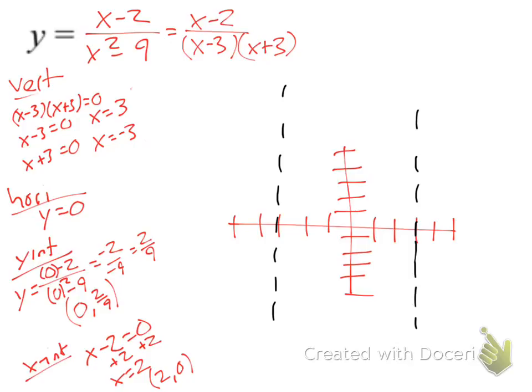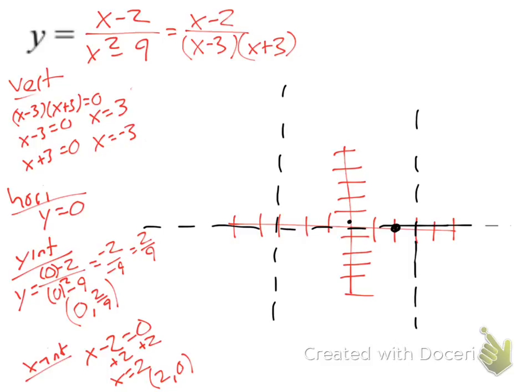Good. Y equals 0. And now I'm going to start plotting my intercepts. 2, 0. Well, that's right there. And 0, 2 ninths. That's all I got. I got to fill in the rest.